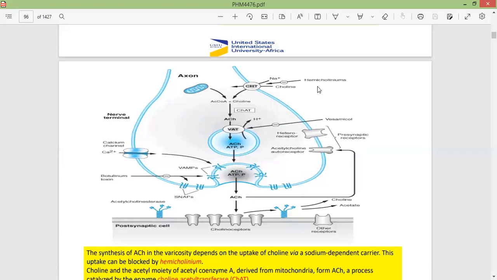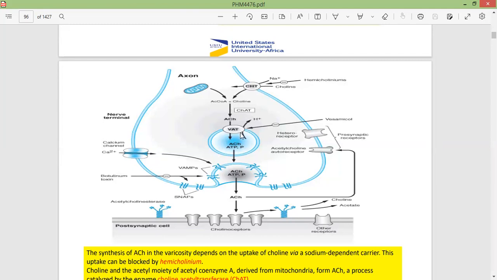So if you are looking to inhibit the action of acetylcholine, you can block this choline transporter using the drug hemicholinium. There won't be choline available for synthesis of acetylcholine, and you will have reduced the action of acetylcholine.